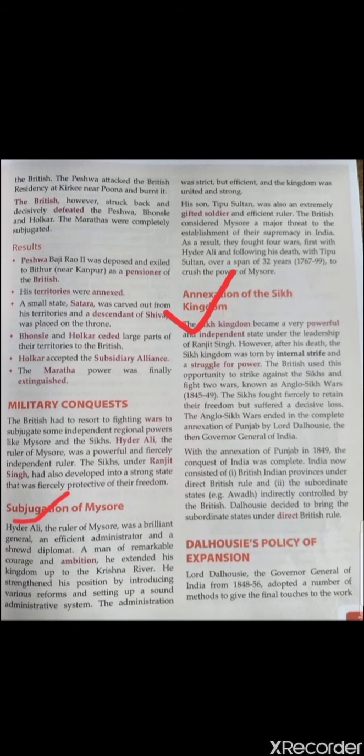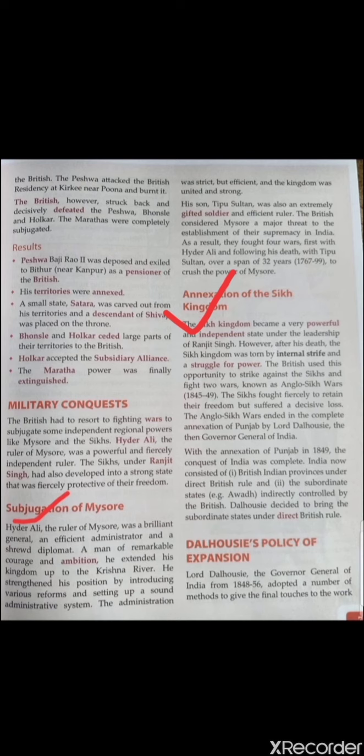In subjugating the powerful Sikh kingdom also, the British had to fight wars. After the death of Ranjit Singh, there was internal chaos in the struggle for power in the Sikh kingdom. The British used this opportunity to strike against the Sikhs and fight 2 wars known as the Anglo-Sikh Wars.